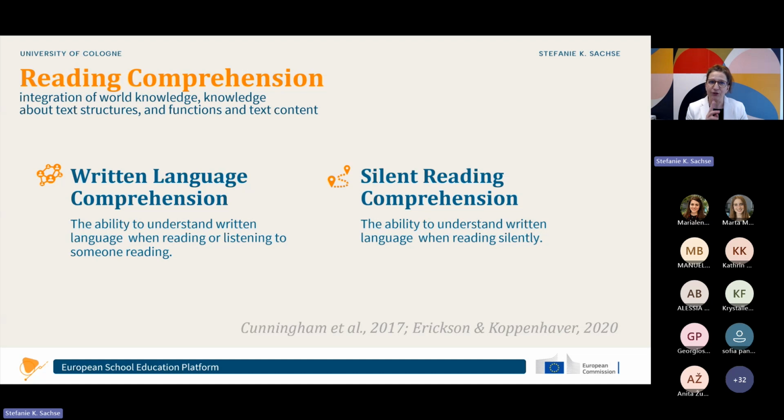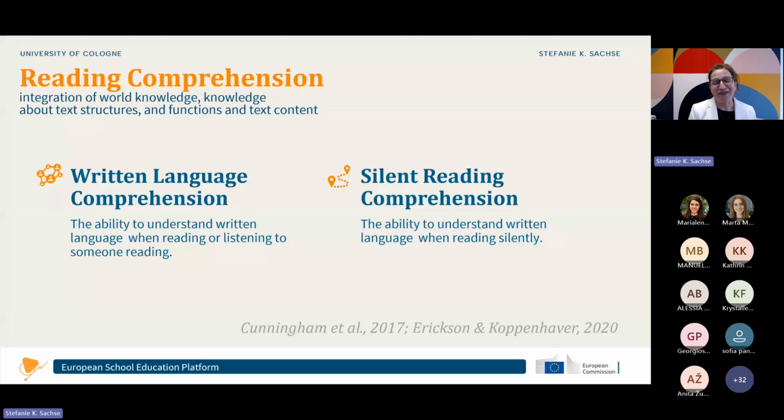So when I read to my group, when we read chapter books each day a bit, then I'm supporting their written language comprehension. It's not so easy to understand written language because the formulations are a bit different. And that is why in emergent literacy, when we read texts, we often read them and then we tell what it says.